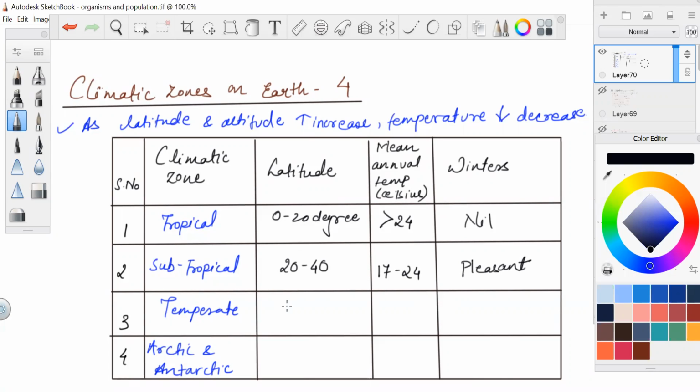Temperate 40 to 60. Mean annual temperature 7 to 17, between 7 to 17 degree Celsius. Here winters will be present with snow.